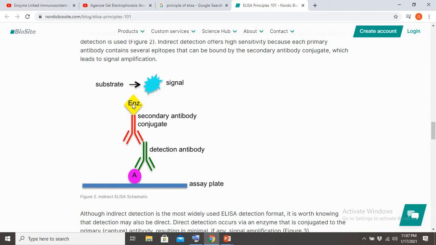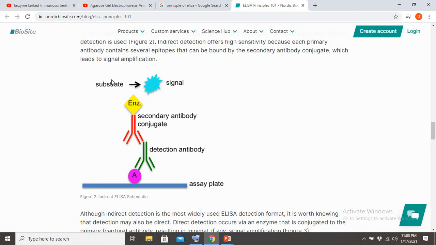You know, when there is an enzyme and a substrate, what does the enzyme do? The enzyme converts the substrate into a product, or the reactant into a product. What is the reactant here? The reactant is the substrate. So this enzyme will work on the substrate and convert it into a product.